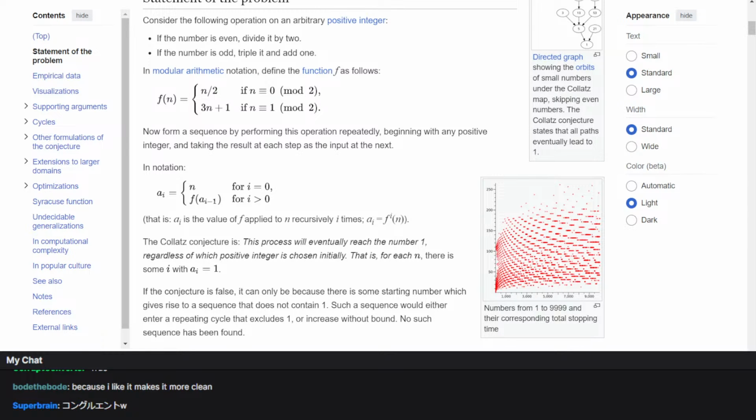It is more impure. Superbrain says W. You guys. Wait, I'm gonna keep looking at it.